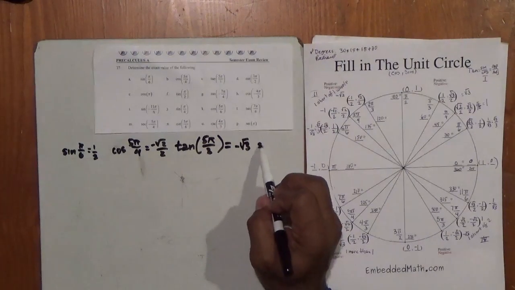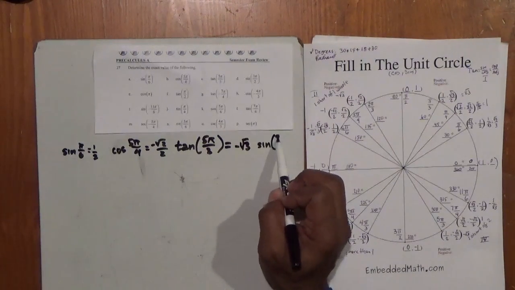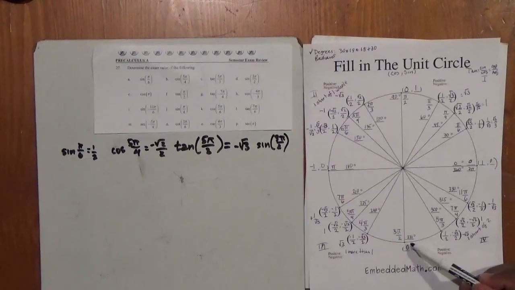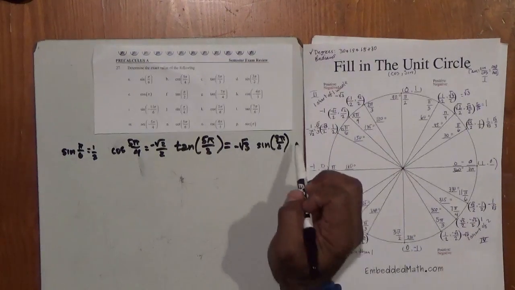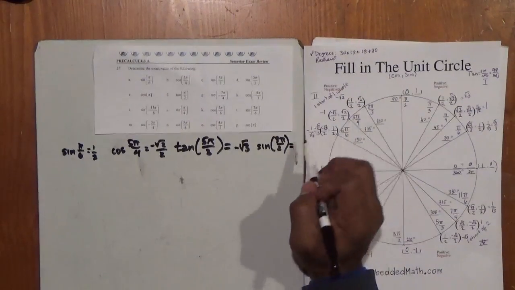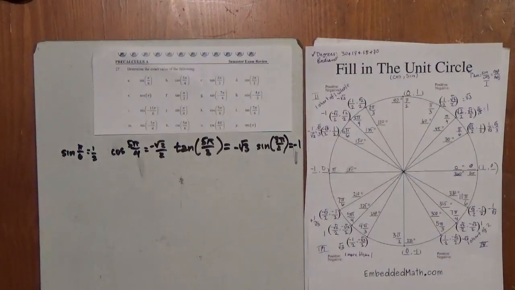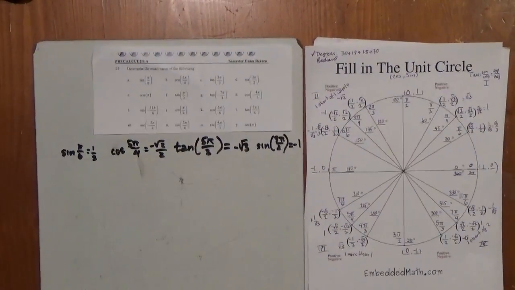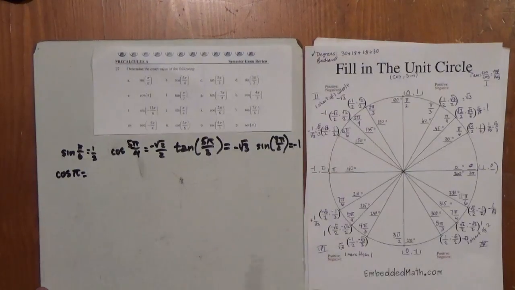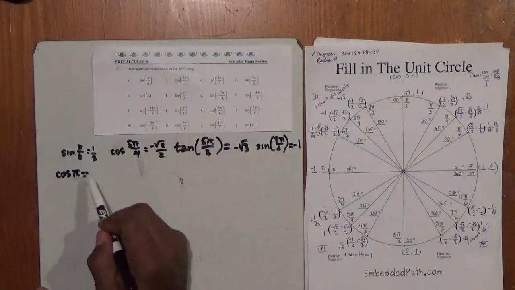All right, sine 3 pi over 2, which is at 270, and so we take sine, which is the second value, which is negative 1. Whoop, whoop, negative 1. All right, E, cosine pi. Cosine pi is negative 1.